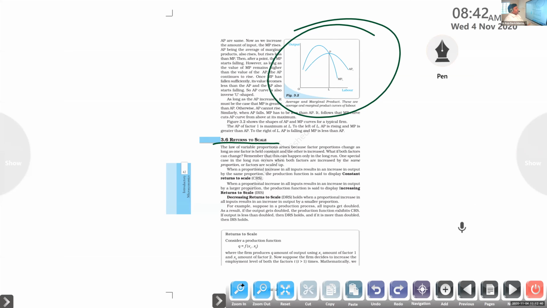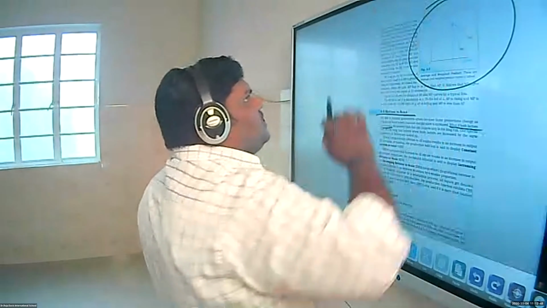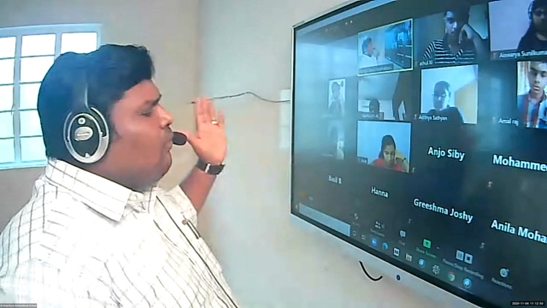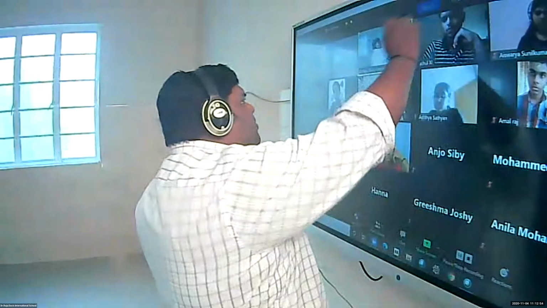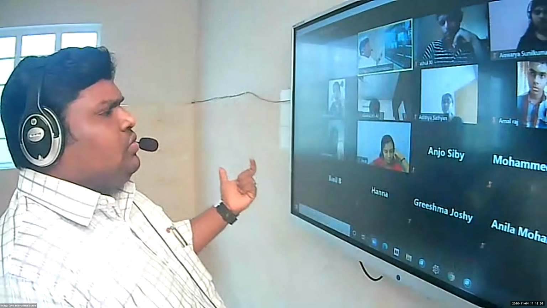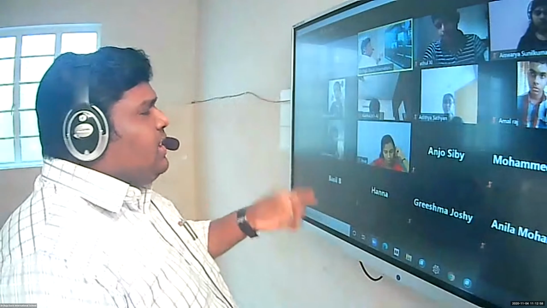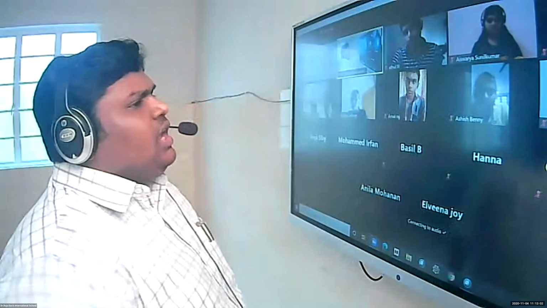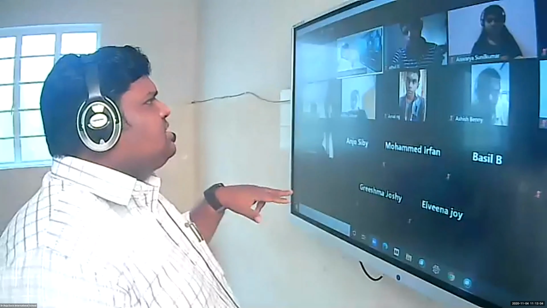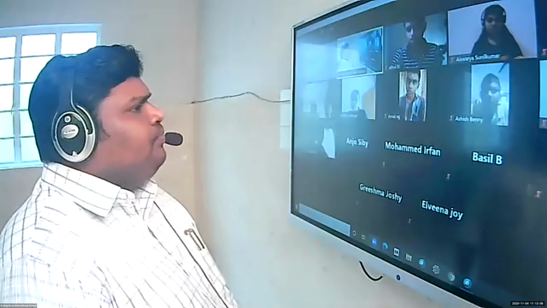The output also will change as per the proportion of the input that we changed. Now we are discussing what if both factors can change, one is labor and the other is capital. In short run production we made a change in one input. So the question is, what if both inputs are changing? Is it short run or long run?